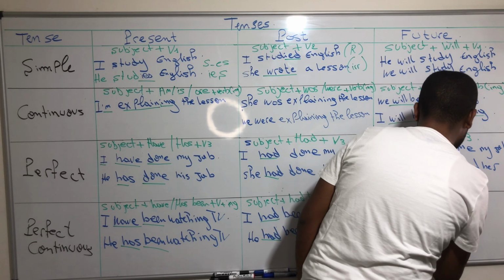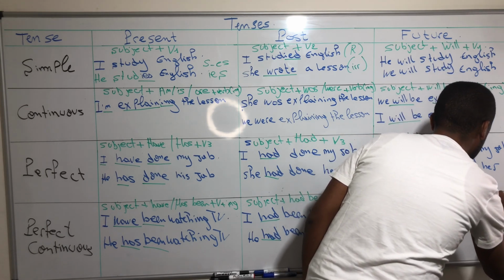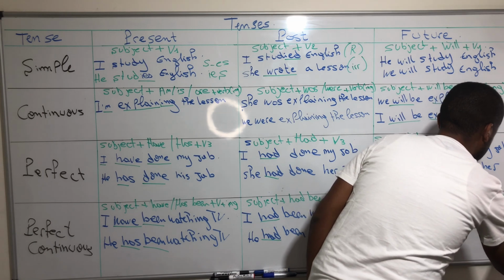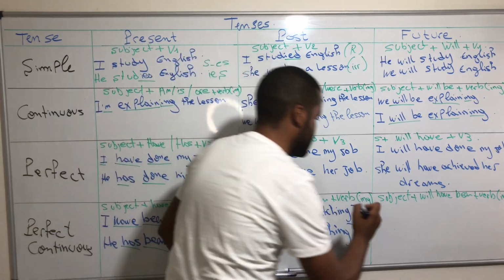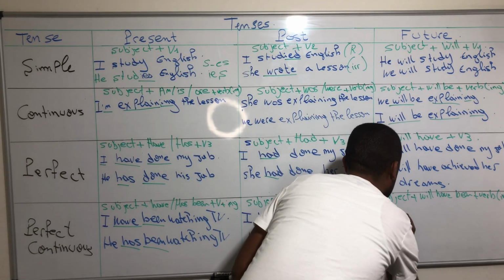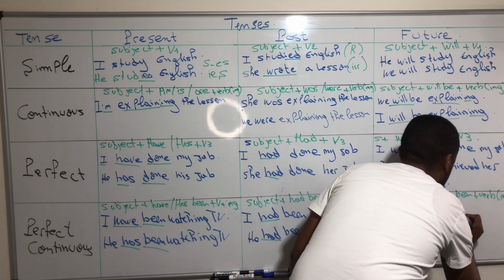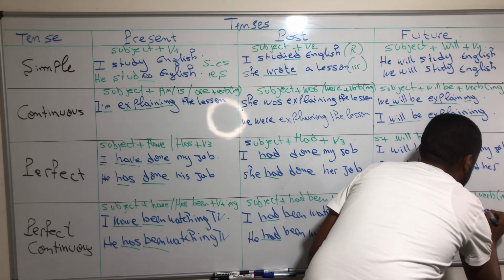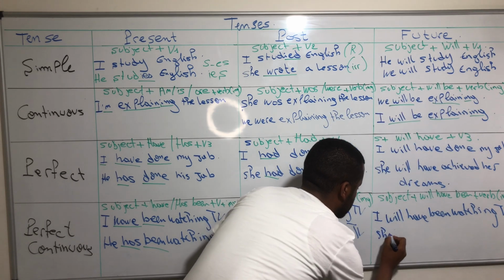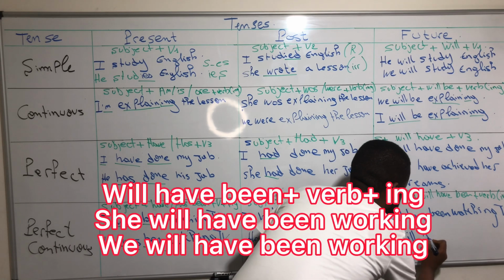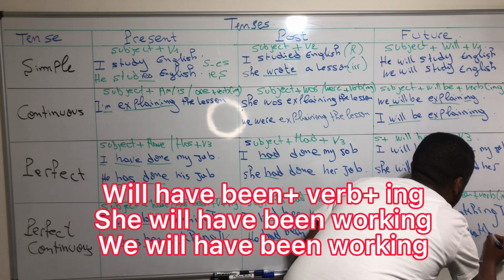I will have been living. For example, I will have been watching TV. Or we can say she will have been watching TV.